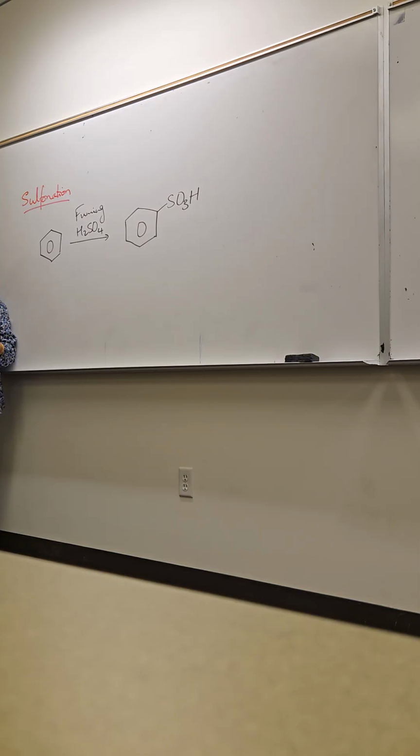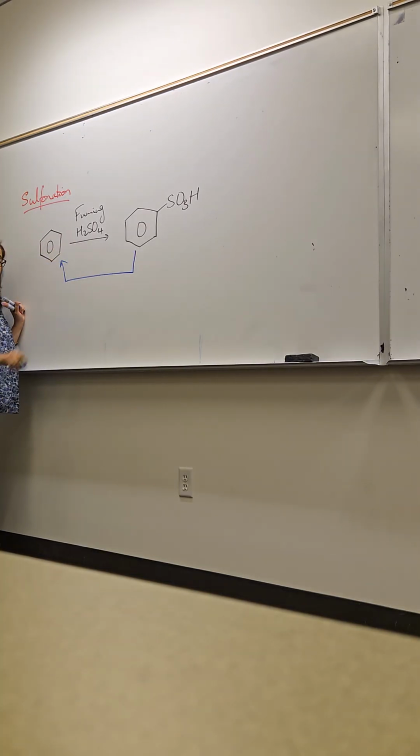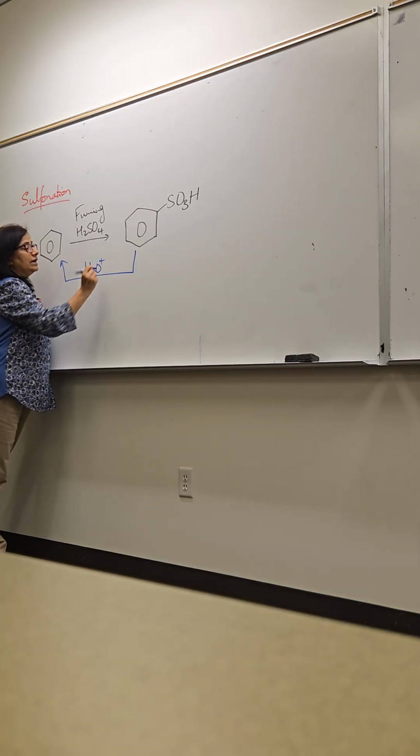One thing very useful about this reaction, as we'll discuss when we get to multi-step syntheses, is that it is reversible. It can go back to benzene simply by using a dilute acid.